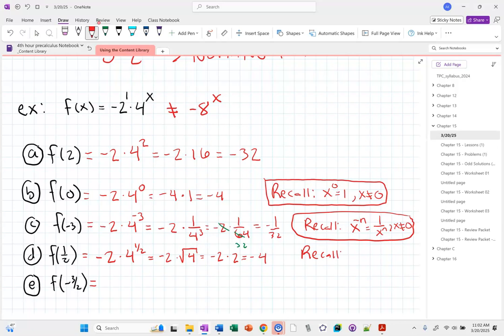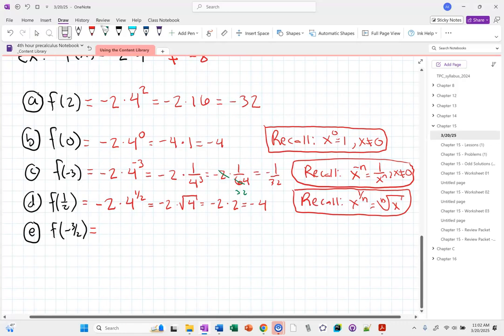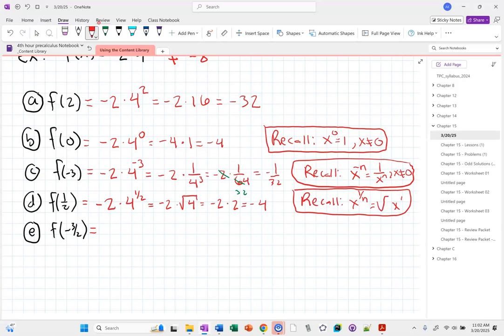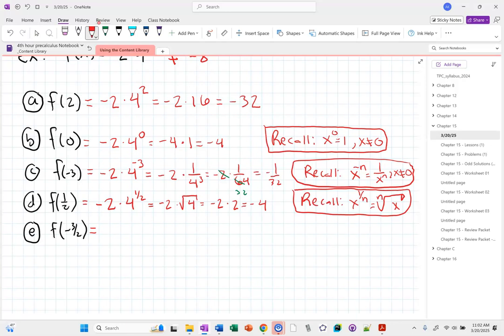So again, the rule we used there was x to the 1 over n is just the nth root of x. And remember, when n is 2, that's the square root. We usually don't write the 2 in the index. It's not wrong if you do, but just like we don't write powers of 1 or coefficients of 1, we don't write an index of 2.